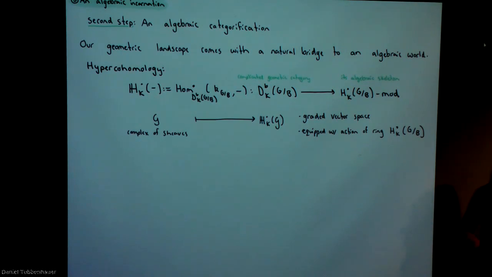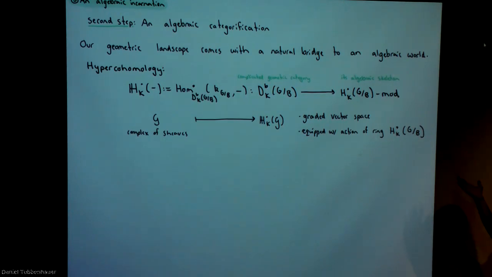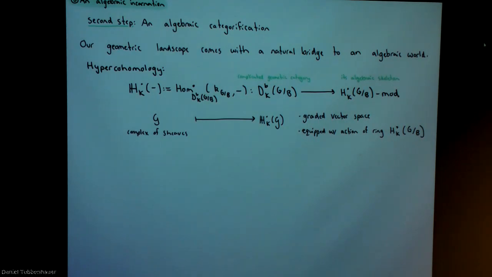But if we have a complex of K-equivariant sheaves, which is what we do, then when we take the equivariant cohomology we get a graded vector space that has an action of a graded ring, which is the K-equivariant cohomology ring of the flag variety. So this functor takes some complicated geometric world and spits out a world where we can think about modules over a polynomial ring. And so that's what I want to do for the rest of this talk.